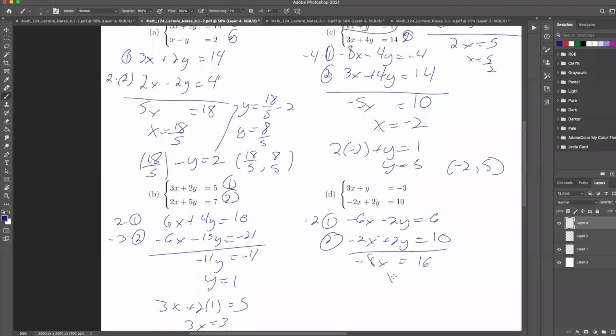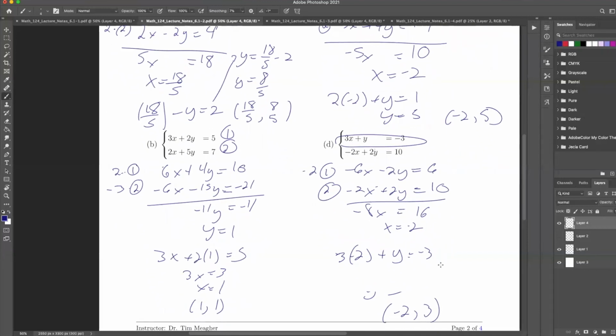So I have x is equal to -2. And then if x equals -2, I'll just plug it back into here, so I have 3 times -2. So I'm plugging it back into this equation. Y equals 3. And so we have the same solution as before. So that's one problem seen start to finish in a direct manner.